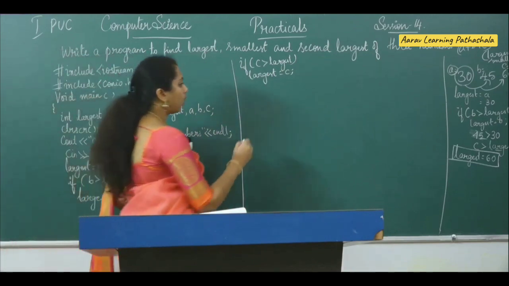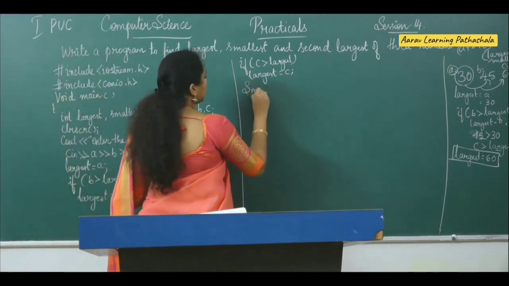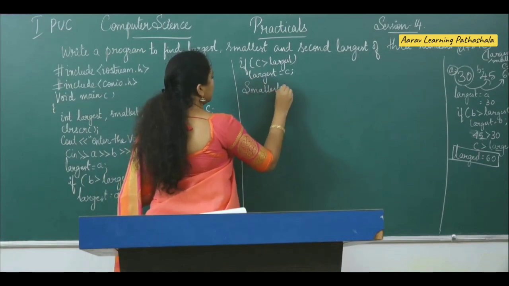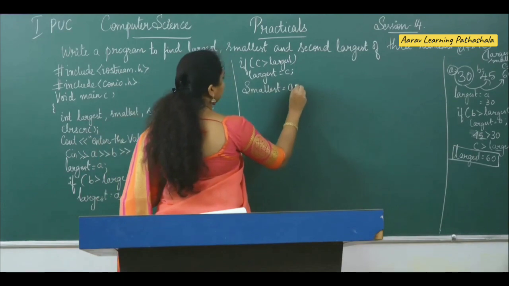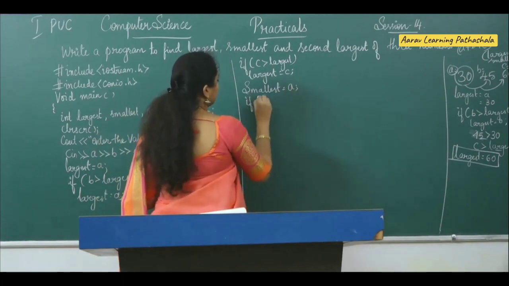Next, to find the smallest of three numbers, assume the first number as the smallest number, that is A. Check for the condition.